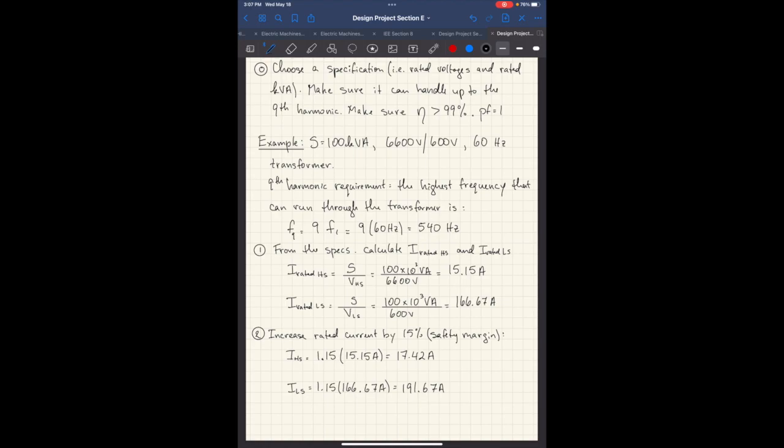So now when we decide what type of cable we're going to use, we're going to choose a cable that can handle these values of current, the high current. In other words, the 15% over. I have a little power cable I'm going to pass around later, so I'll just put it here.